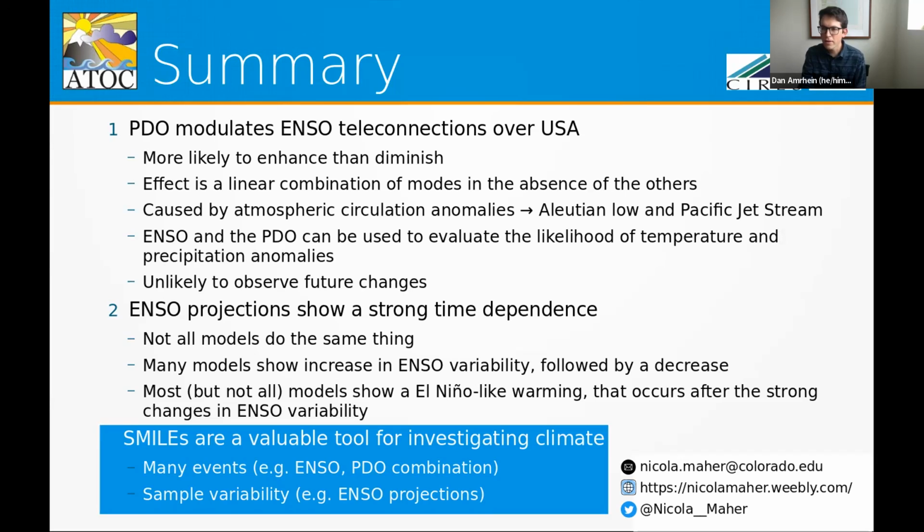All right, Clara, go ahead. Hi, Nicola, really nice talk. Thank you so much. I had a question kind of related to Judith's, which is, how do you view the PDO-related teleconnection? Isla, Karen McKinnon and others and I had done a paper where we looked at ENSO composites and teleconnections, and then just separated them by the strength of the Aleutian low, and found, of course, that it's very sensitive to that because it's just atmospheric noise that is causing that sensitivity.